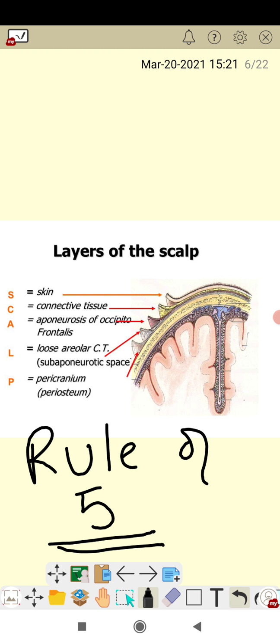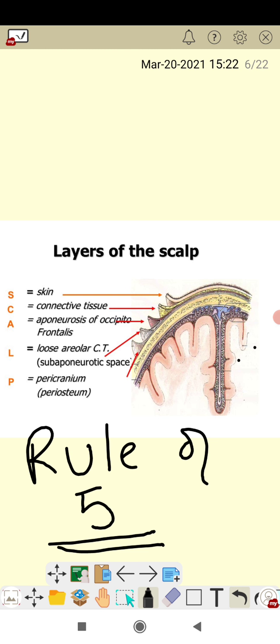We have to remember rule of 5. 5 layers, 5 nerves, 5 arteries, 5 veins except lymphatic drainage. Nerves, anterior to auricle 5, posterior to auricle 5.